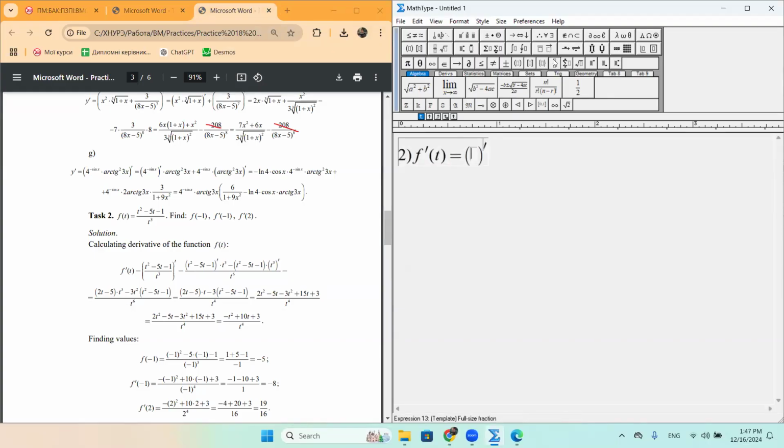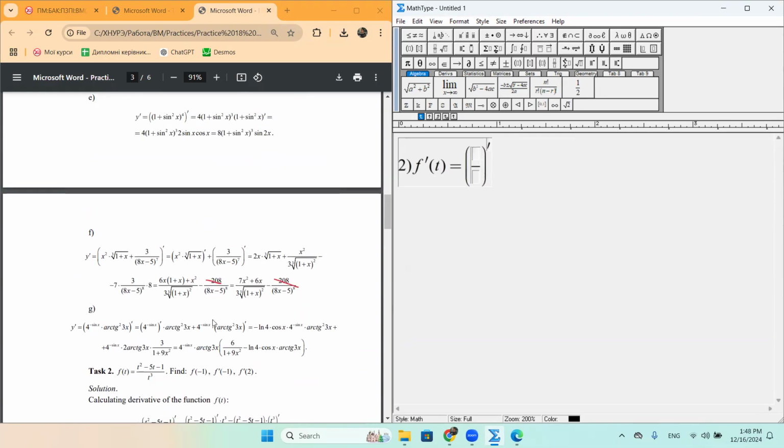So again, differentiating the fraction. Of course we can expand brackets and just differentiate like a sum of fractions. Why not? We also can do it, by the way.